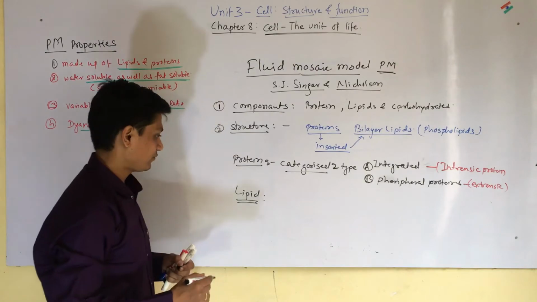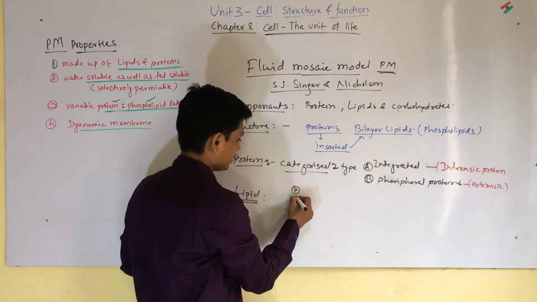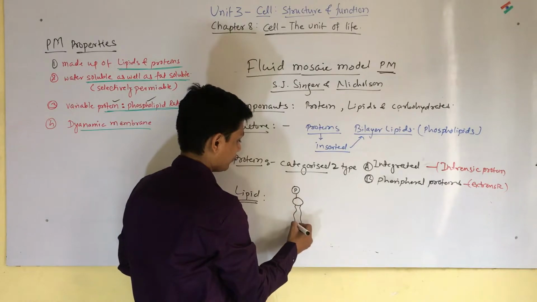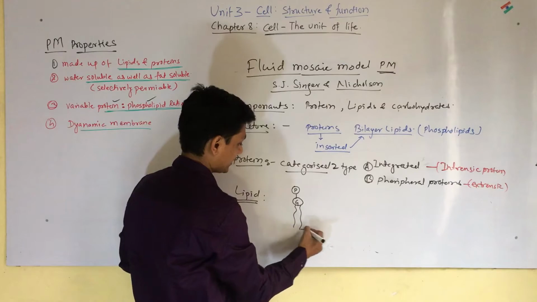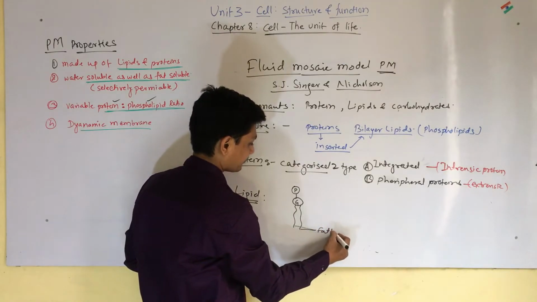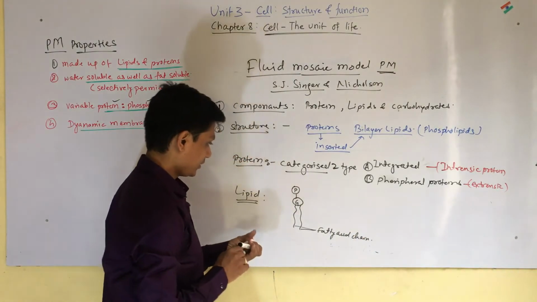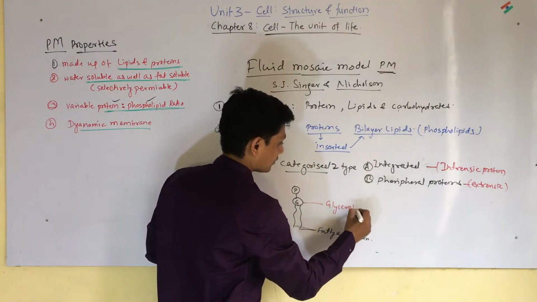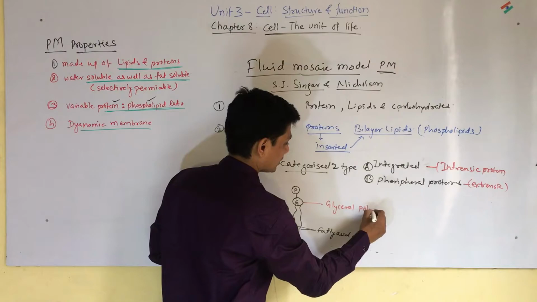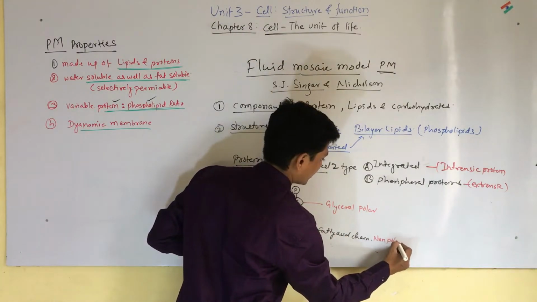Lipid is made up of two units, that is the phosphate group and the glycerol part, which has two fatty acid chains. This is the glycerol part and these are the fatty acid chains. The glycerol is polar in nature, while these fatty acids are non-polar in nature.